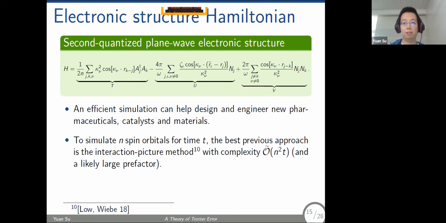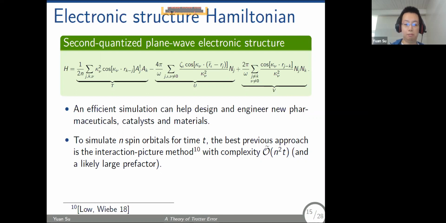The best previous result for simulating electronic structure in this setting, a second quantized plane wave electronic structure setting, is an algorithm called the interaction picture algorithm, developed by some of the people who are working at Microsoft. So let's say if you want to simulate n spin orbitals for time t, then their algorithm will have a complexity that is very close to n squared times t.